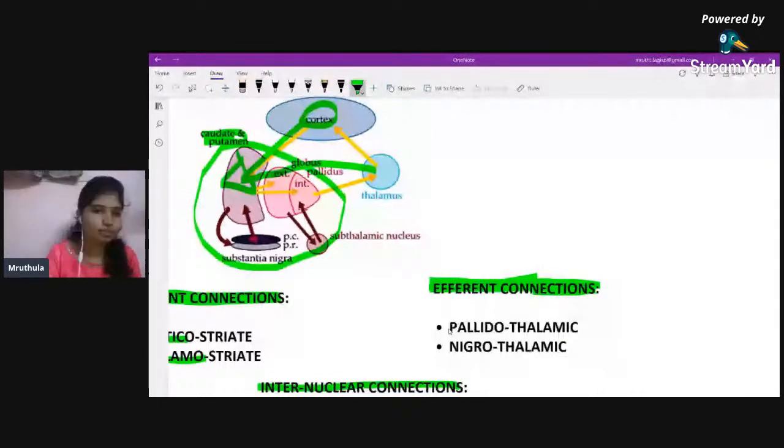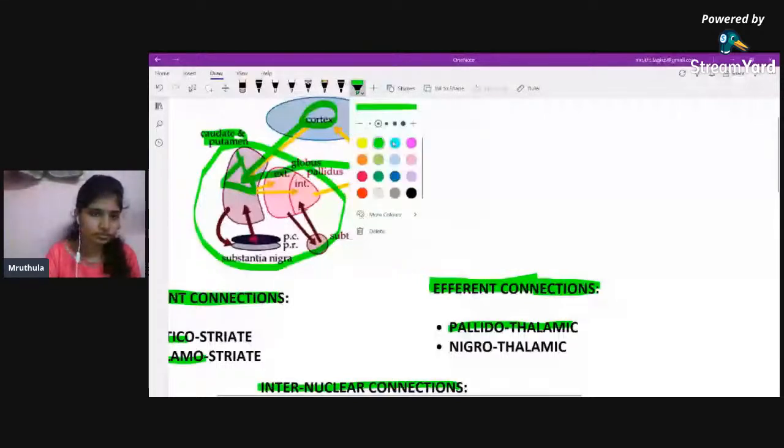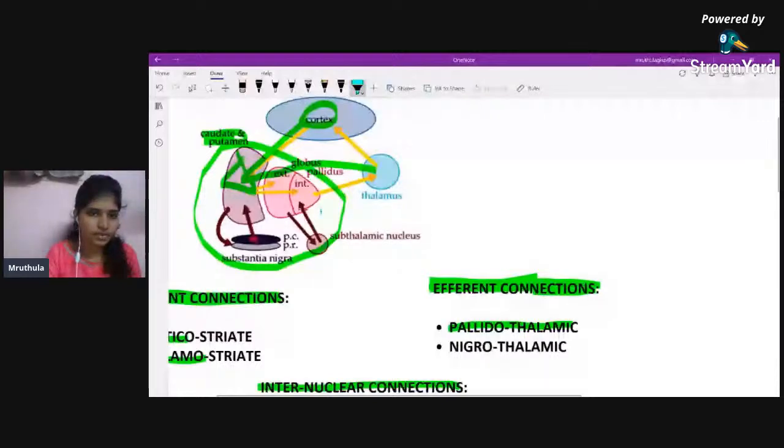So the output mainly goes to the thalamus. From here, it goes to thalamus. Right? It's from the pallidal part. So it's nothing but Globus Pallidus. Yeah, very good, Pallavi and Shiva Monish Kumar, right? So it is from the Globus Pallidus, it goes to Thalamus.